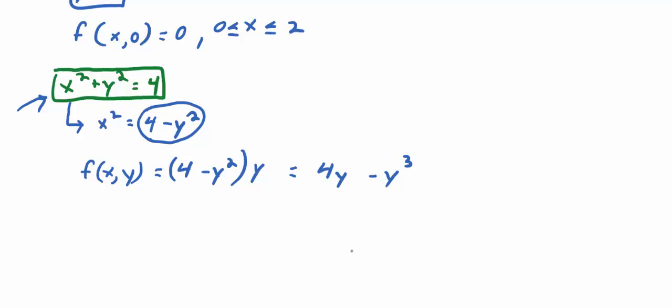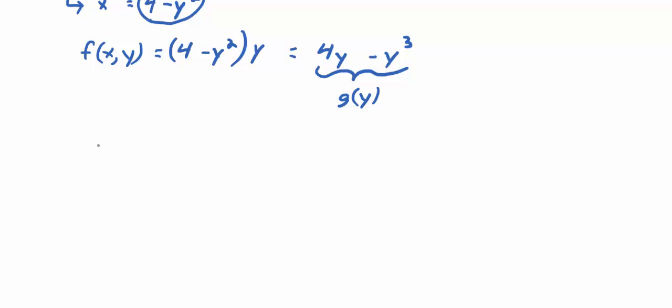There we go. Now the thing is, we could call this a function g of y if we wanted to. So we could think of it like a Calc 3 type function. g of y is equal to 4y minus y cubed. And remember, to find the critical values of a one input variable function, you just take the derivative and set it equal to 0.